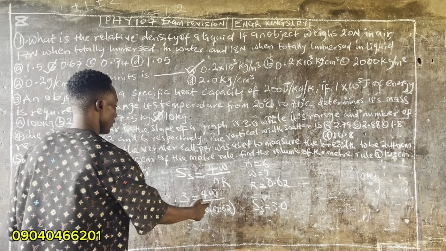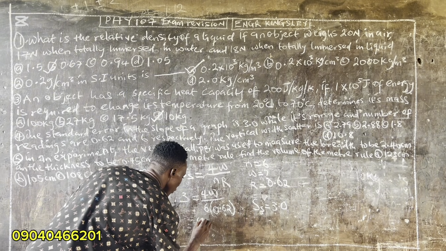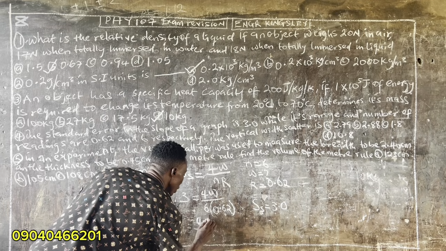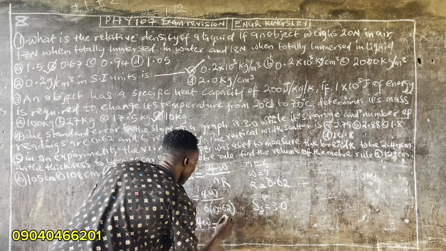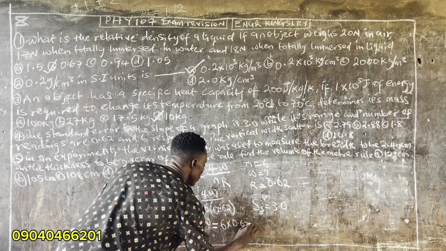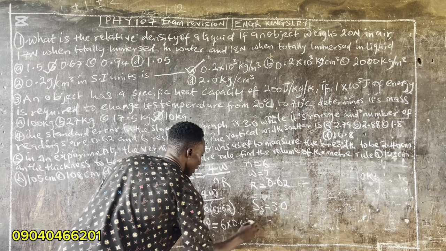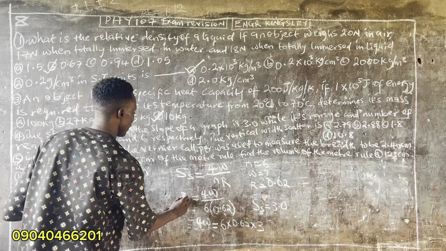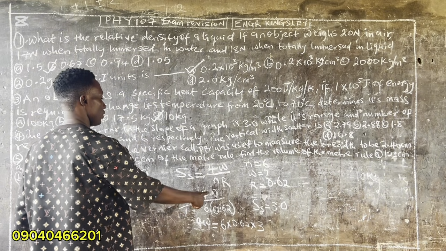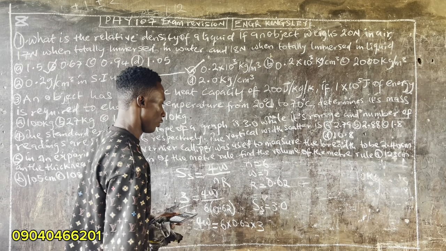It will be 4W equal to 6 multiplied by 0.62 multiplied by 3. Remember this is over 1, so 1 times 4W will give us 4W.